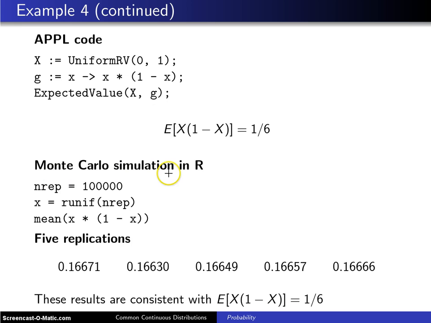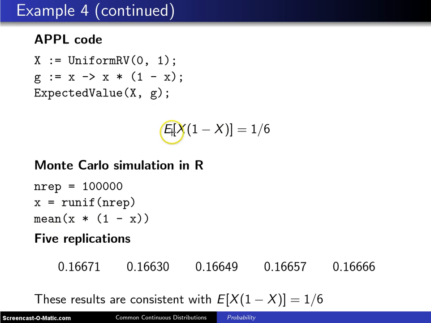In doing a Monte Carlo simulation in R, nrep could be set equal to some large number, let's say 100,000. x is a vector getting set equal to runif. And then you take the mean of x times 1 minus x. That's what you want. The x times 1 minus x is what's in the brackets here.